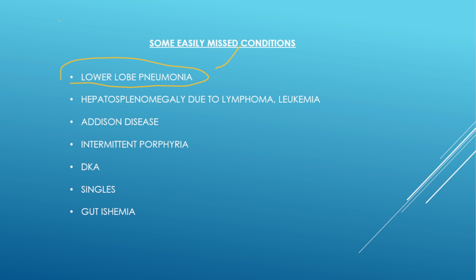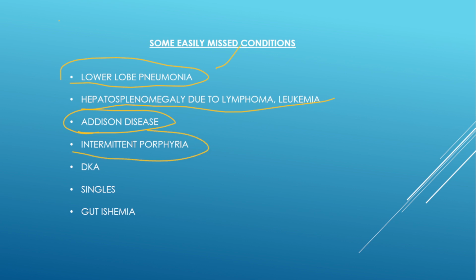Also ask about hepatosplenomegaly. In a history, you can say, do you feel any dragging sensation in the left or right hypochondrium, which may suggest hepatosplenomegaly, likely because of lymphoma, leukemia, other malignancies as well. Also ask about Addison disease, which can present with abdominal pain, vomiting, skin discoloration, low BP.